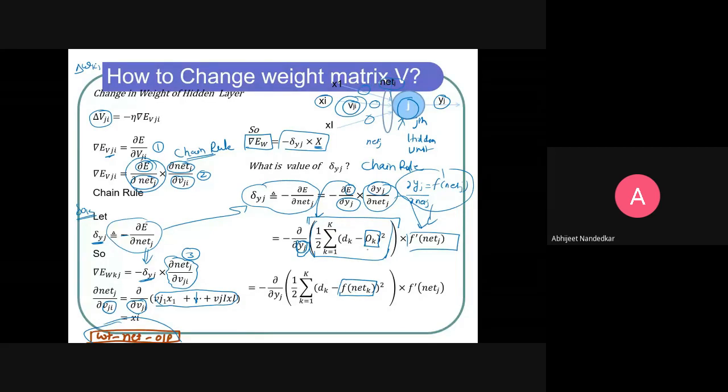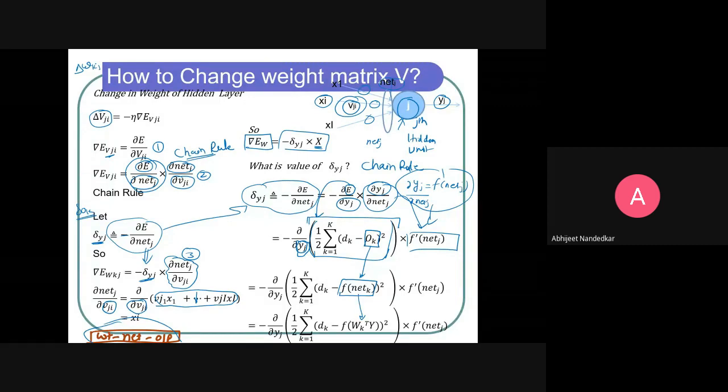So this is simple. The output of any kth neuron is equal to f of net k. Now what is net k? So here comes the relation.